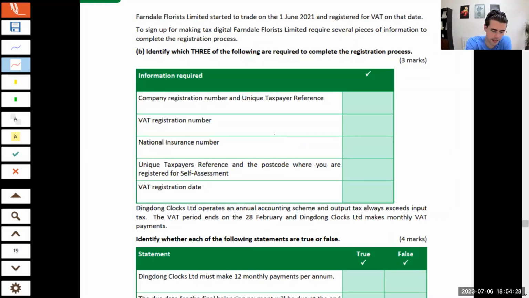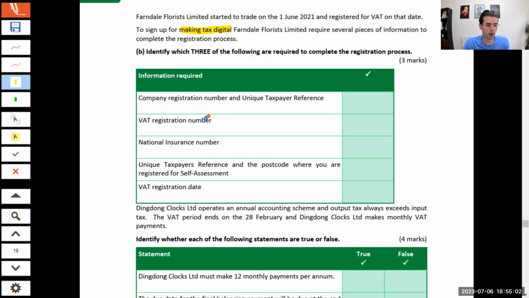Now, just to make it clear, this is the registration process for Making Tax Digital, not the registration process to become VAT registered or to join a certain scheme. Because when you're looking at this, it says registration number. If I'm applying to register, I won't have a number, will I? So it's saying to register for MTD, not to register for VAT. Just be careful with that. We will try and throw those little curveballs in, so just make sure you're on the ball with it.